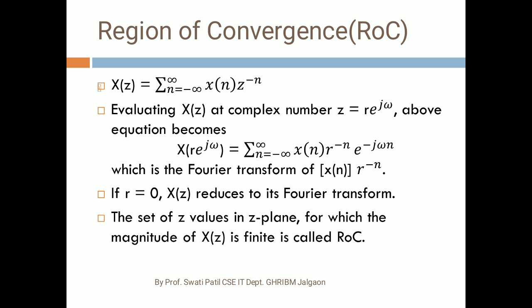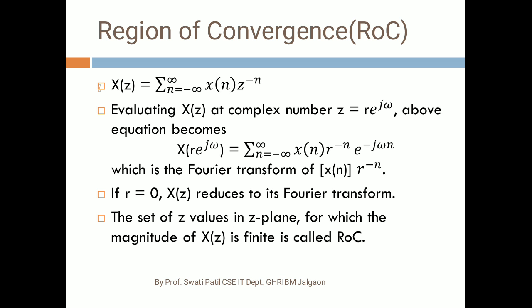If r is equal to 1, X(z) reduces to its Fourier transform. That is, if r is equal to 1, r raised to minus n becomes 1, and we get x(n) into e raised to minus j omega n, where the limit runs from n equals minus infinity to infinity. This is the entire definition of Fourier transform.